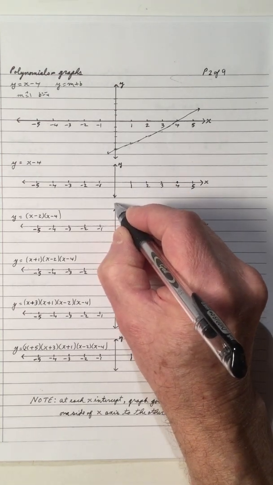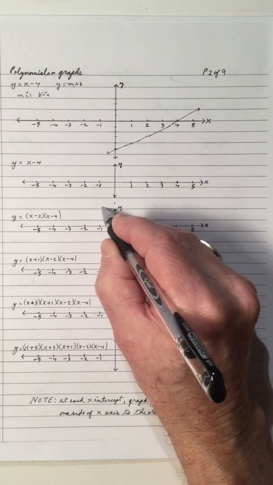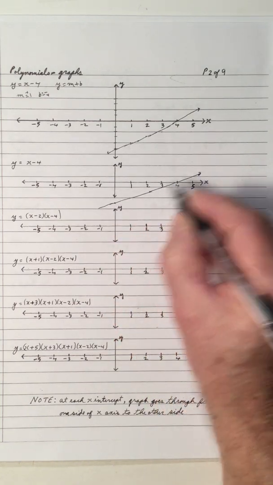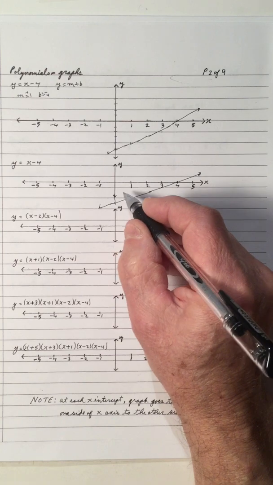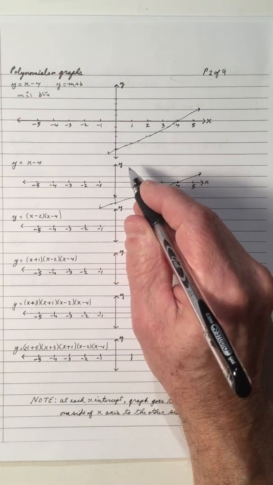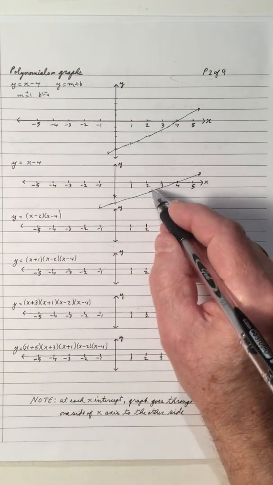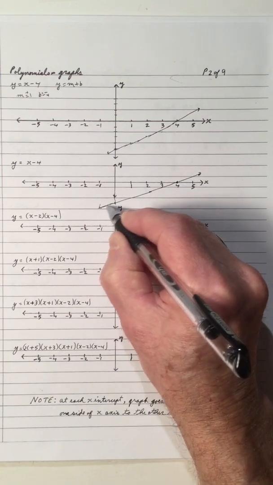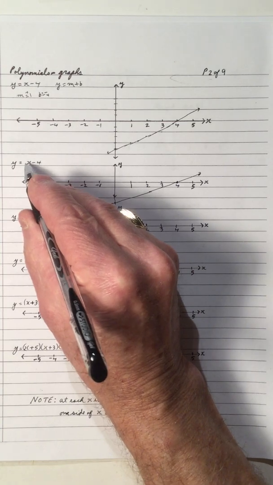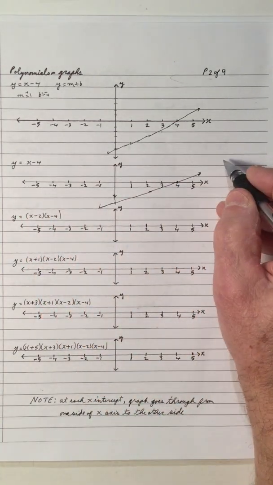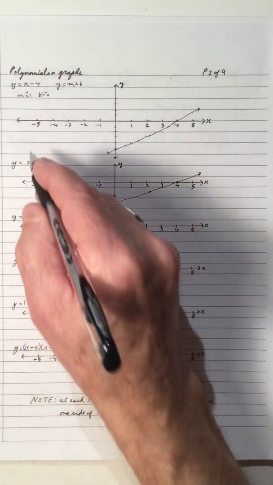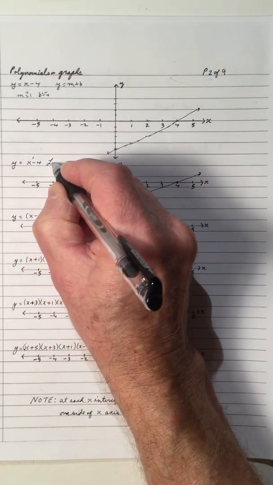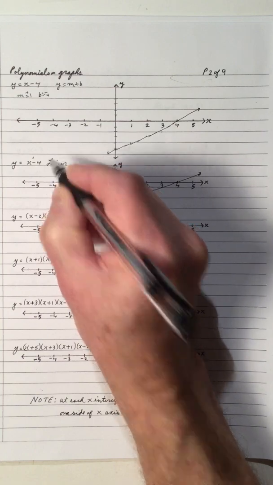So we get the same line, but from the point of view of the x and y-intercepts. Again, this is positive and is moving up to the right. Notice this is degree 1, so it's a linear polynomial.